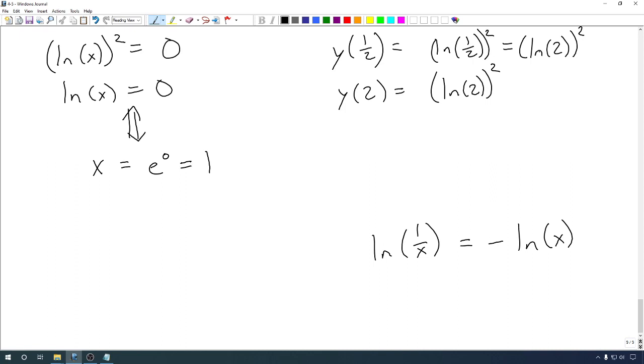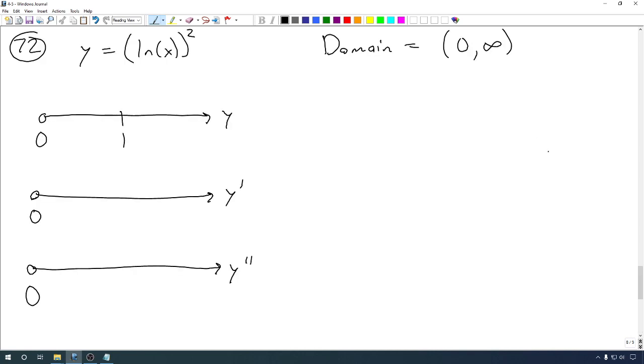Well, even if the natural logarithm of 2 were to be negative, the square gets rid of that. Both of these have to be positive just because of the square in the first place. They're actually going to be equal to 0.48 and so on. Not that that's too important to solve this problem.